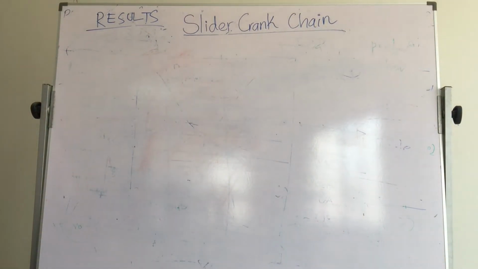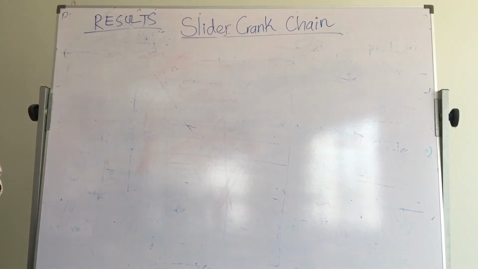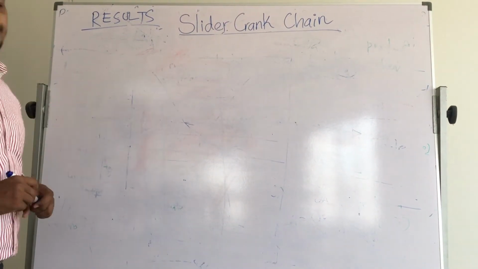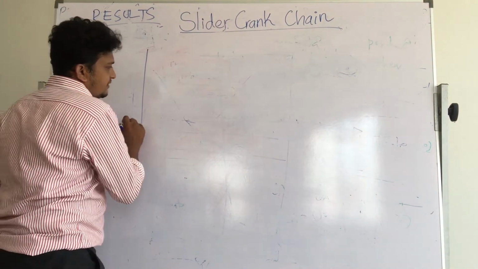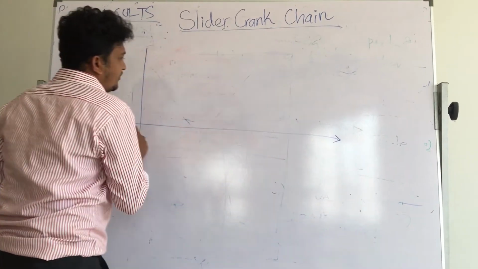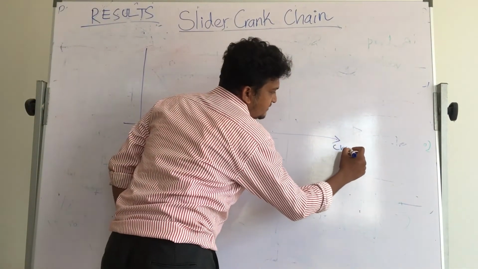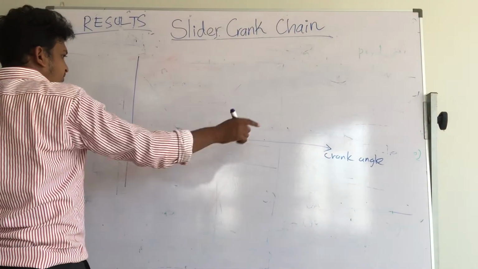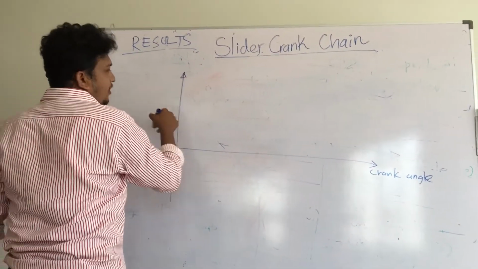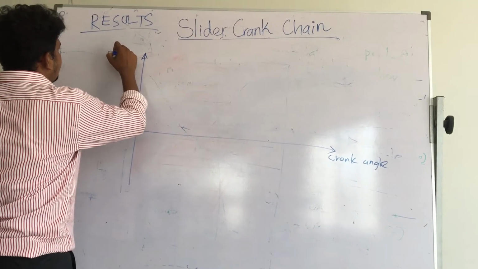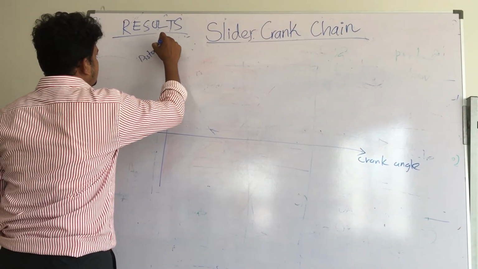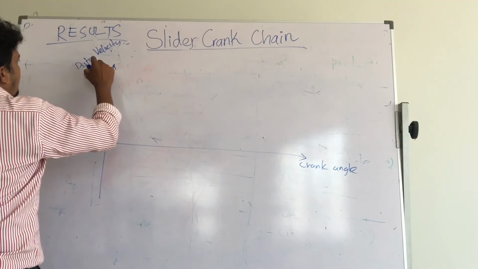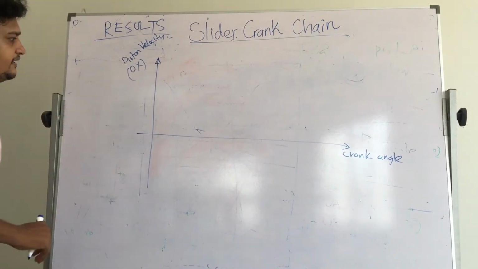Using those readings, we have to plot the graph. On the x-axis we put the crank angle, and on the y-axis we put the piston velocity, that means the OX, the cross scale reading.